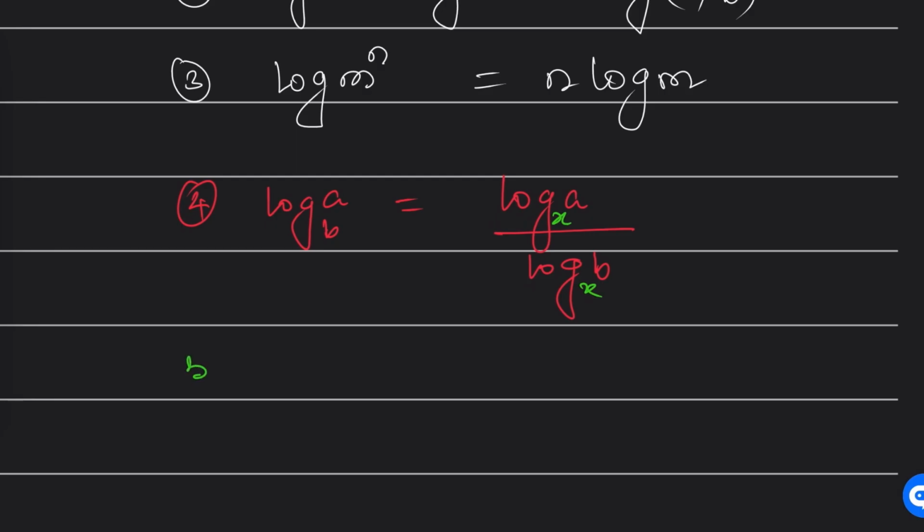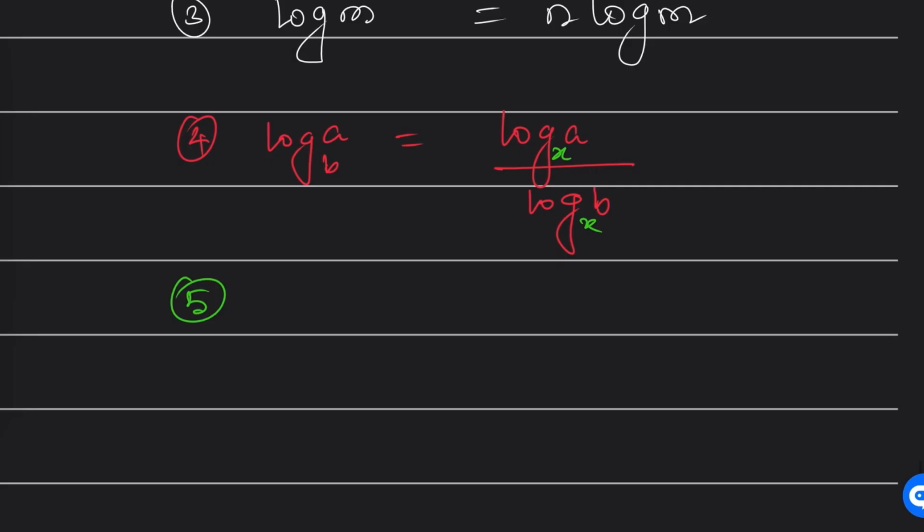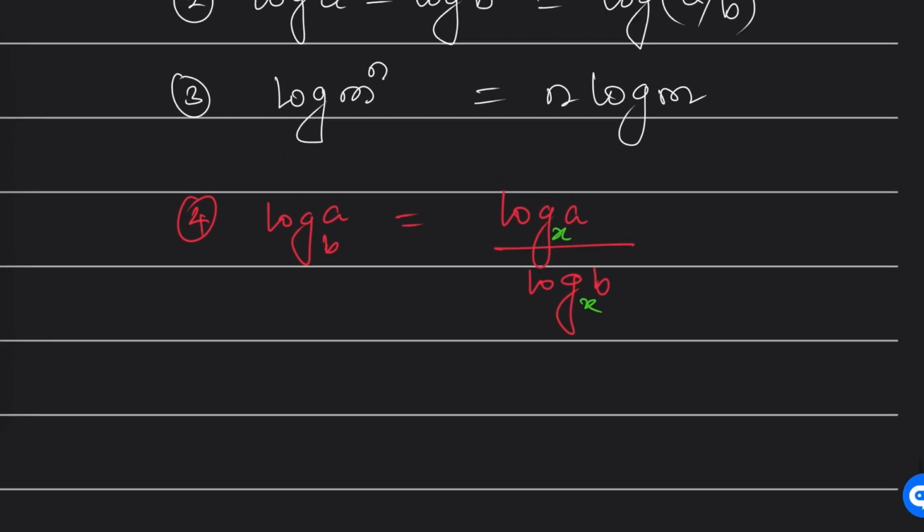Now, fifth formula is, if you are having an expression like this, oh, leave it, it's not required. This formula is not required, so why make it complicated?